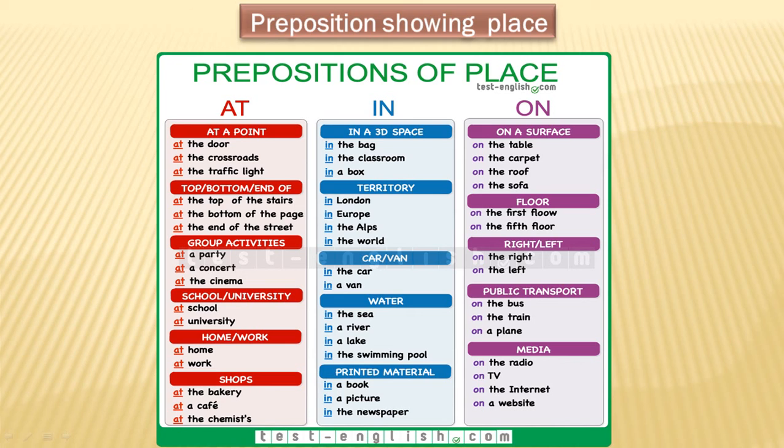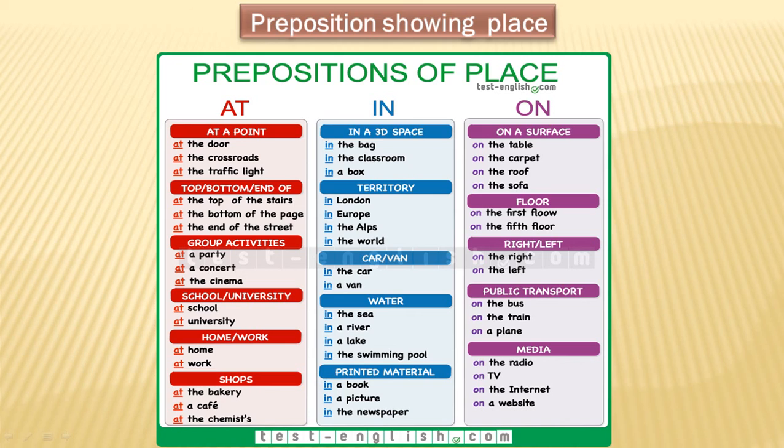On is used for on a surface, on the table. Something is kept on the table, on the carpet, on the roof, on the sofa, on the floor, on the first floor, on the fifth floor, on the ground floor. To show left or right we use on the right, on the left. Public transport: on the bus, on the train, on a plane.